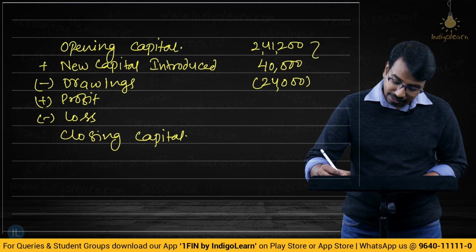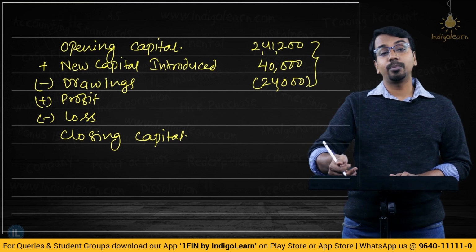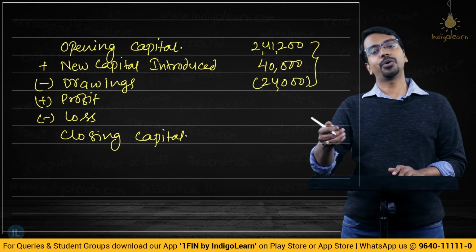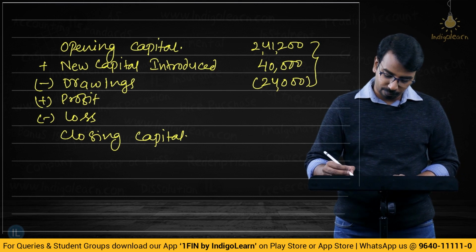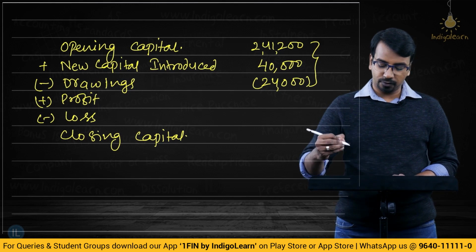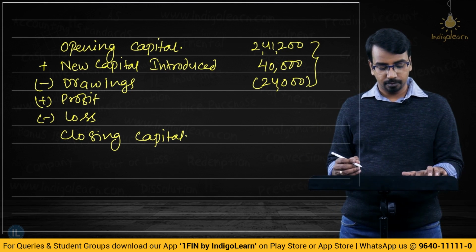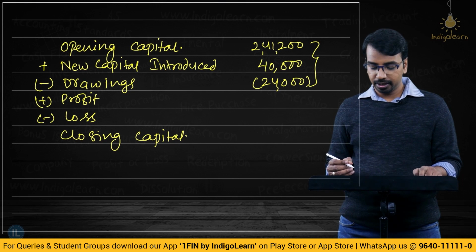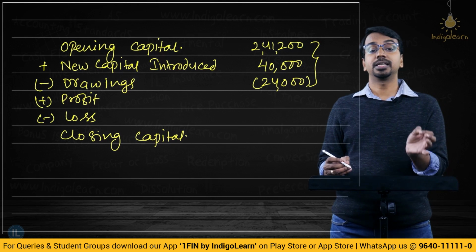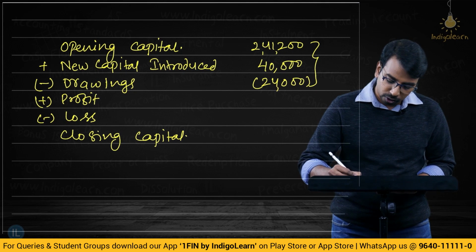Now, this is something which can be compared with the closing capital to arrive at the profit. Now, how much is this number? 241,200 plus 40,000 minus 24,000 is 257,200.